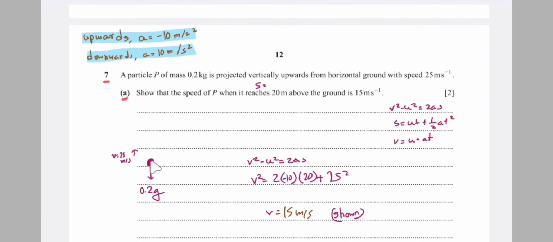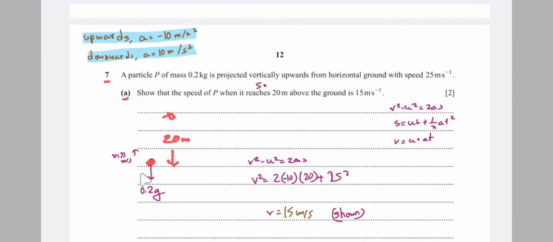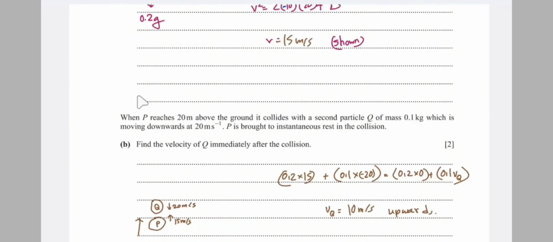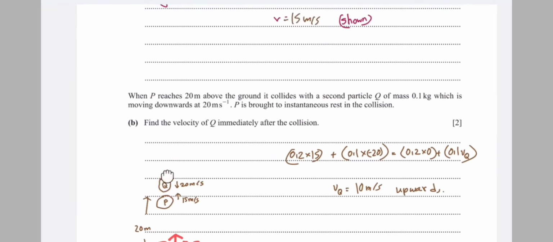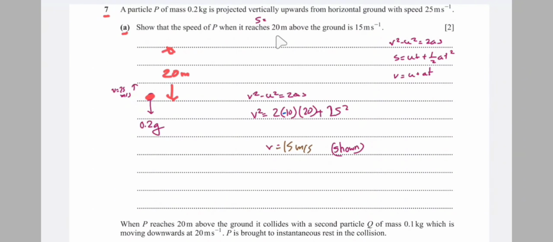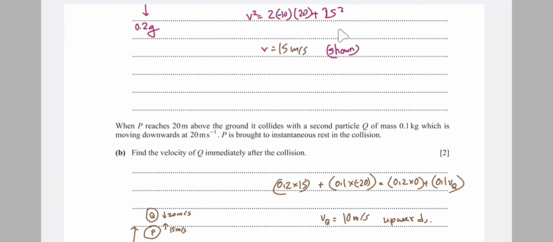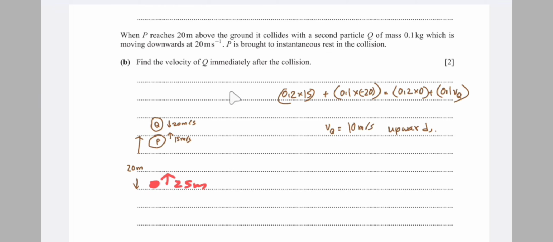In part A, we can see that the particle P is moving upward, and the height is given as 20 meters. So P is moving upward from this point with a speed of 25 meters per second, and at this point, that means at 20 meters, it has a speed of 15 meters per second.